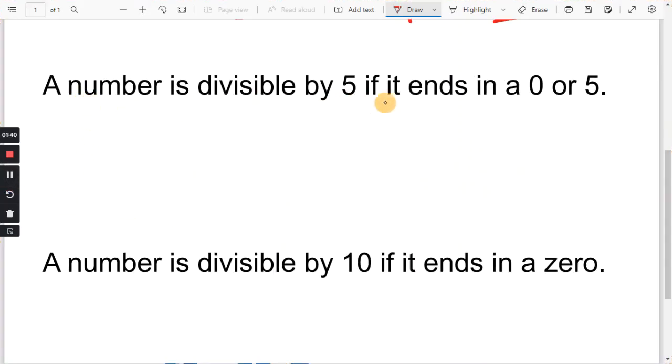A number is divisible by 5 if it ends in a 0 or 5. Pretty self-explanatory. So you can have a large number, 1,480. You know that's divisible by 5 because it ends in a 0. You can have 2,835.